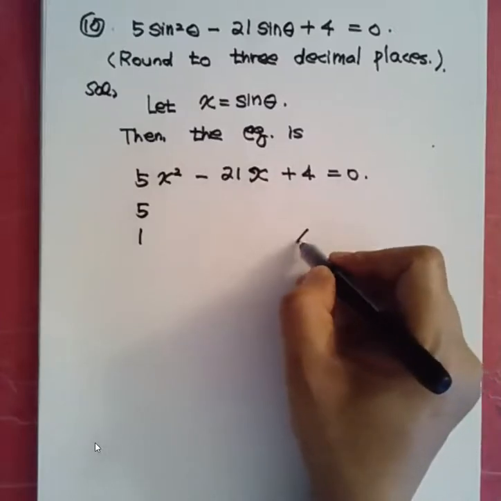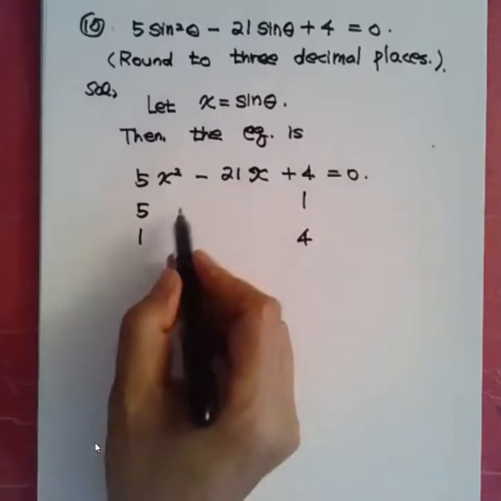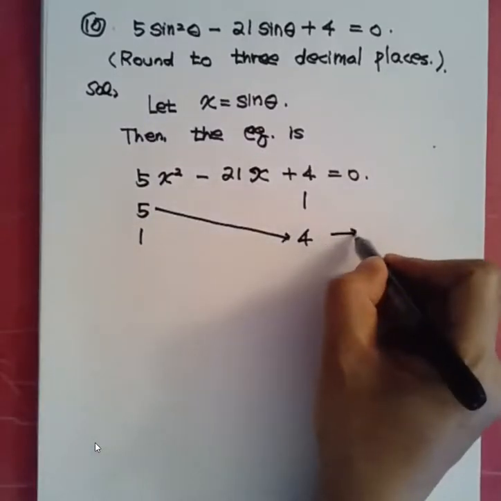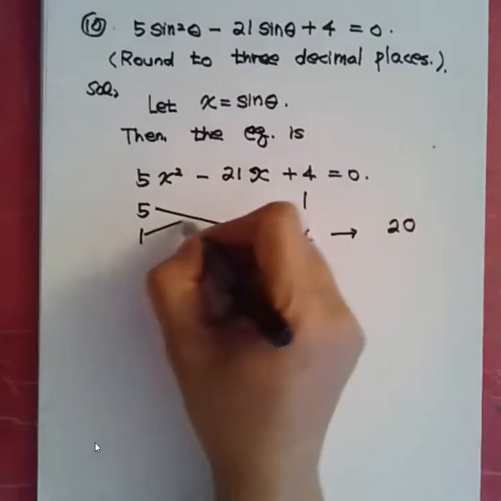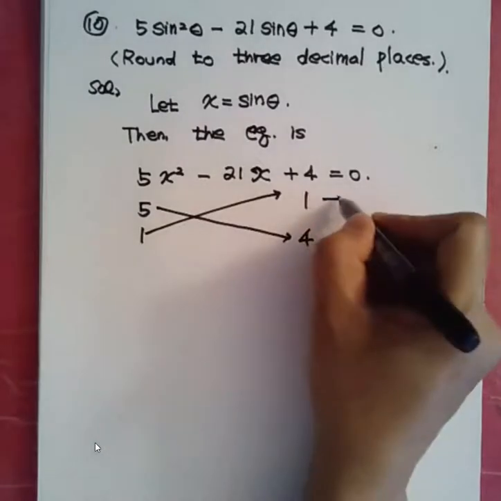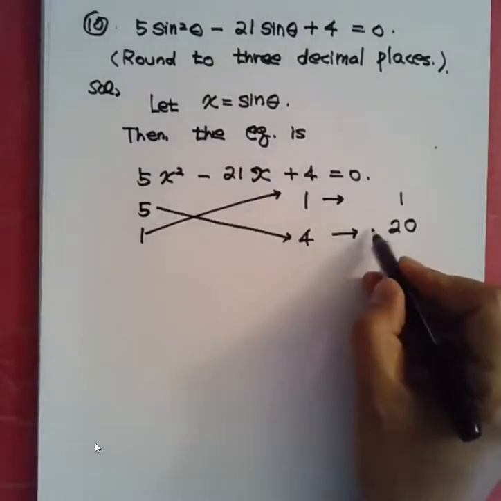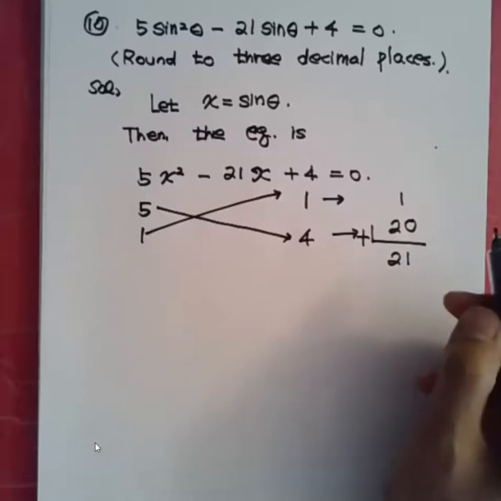So I will organize that like 1 times 4. Then when I cross multiply, this one will be 20, and this one will be 1. If we just add them up, then we will get 21.